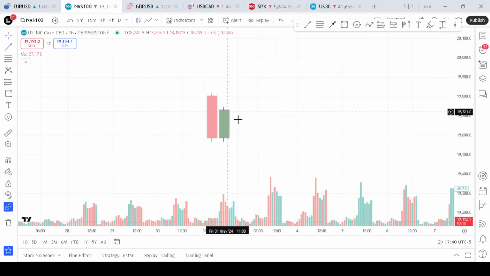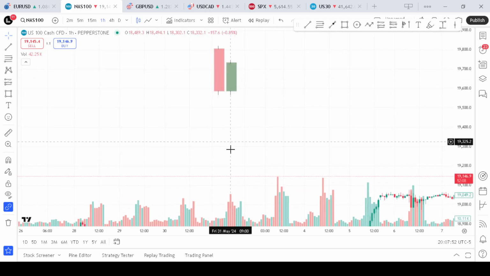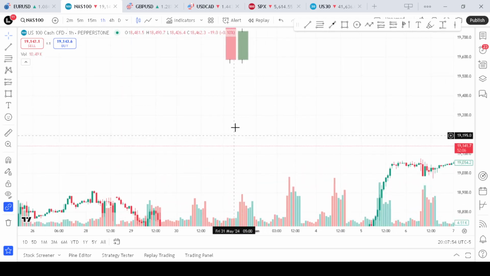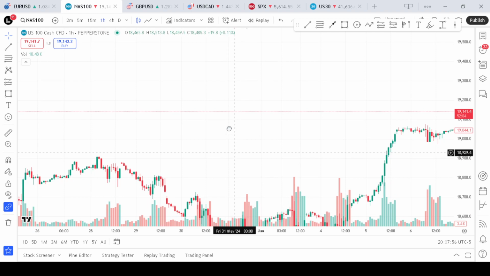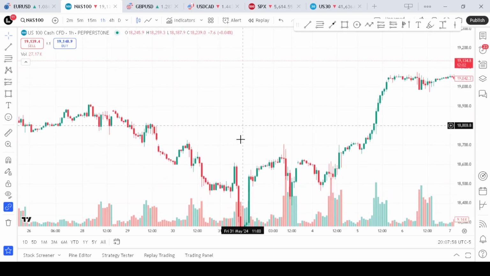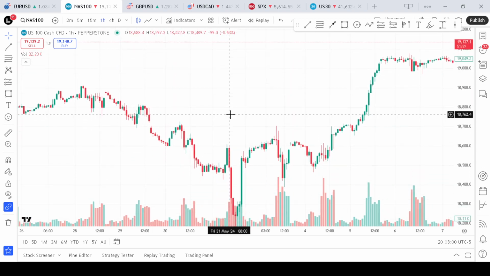This pattern typically appears during a downtrend, hinting at a possible shift in market sentiment, as we can see in this chart. Understanding the market context is crucial when identifying this pattern. It should occur within a downtrend, where it reflects weakened selling pressure and the potential of buyers taking control.